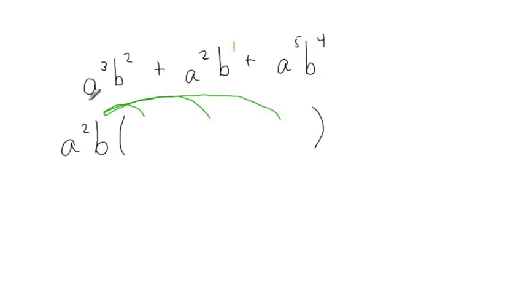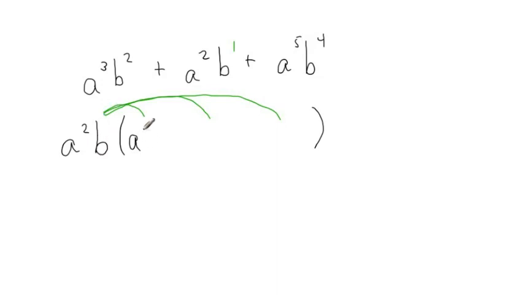Now I need to figure out what I multiply a squared b by to get a cubed b squared. I'm going to take it factor by factor, variable by variable. What do I multiply a squared by to get a cubed? This is a times a, and this is a times a times a. I need one more factor of a, so I'll multiply by just a to the first, or a.